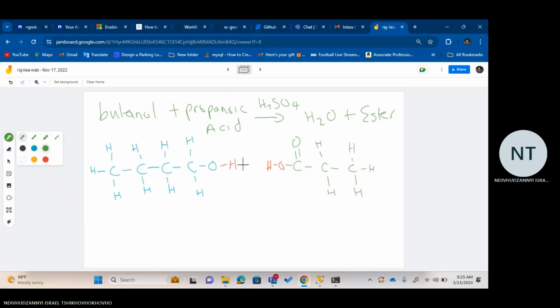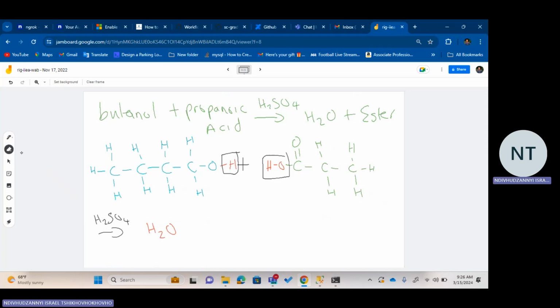So in simpler terms, we're taking an H here, taking an OH there to form water. Obviously, we're using a catalyst. Let me use red to be consistent. Then we form our structures. We join the two structures. Plus, I'll stick to blue.